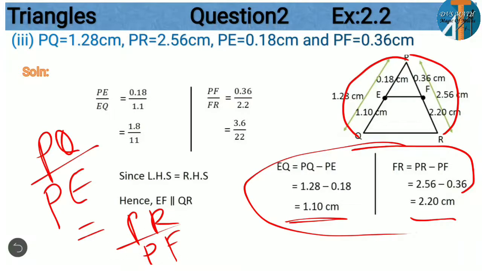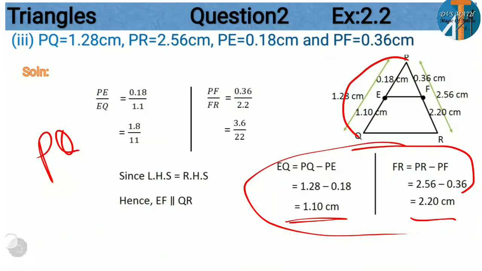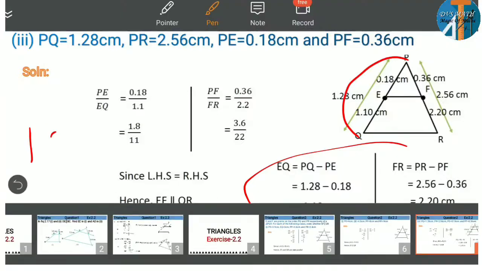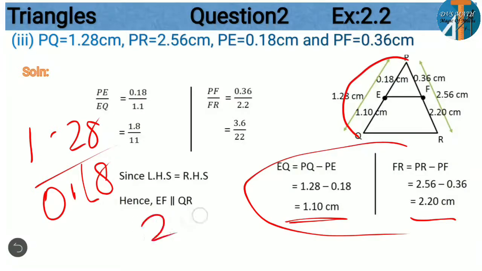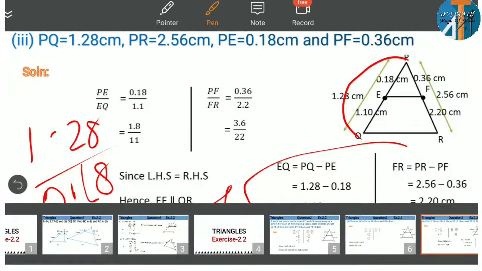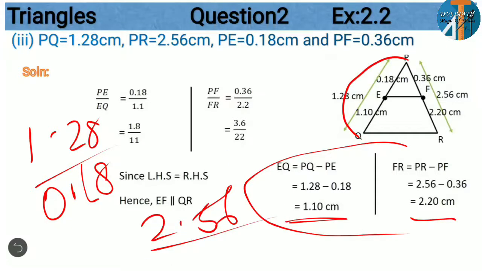So 1.28 divided by 0.18 is equal to 2.56 divided by 0.36. By solving them, again you will get them equal, then you can write EF is parallel to QR.